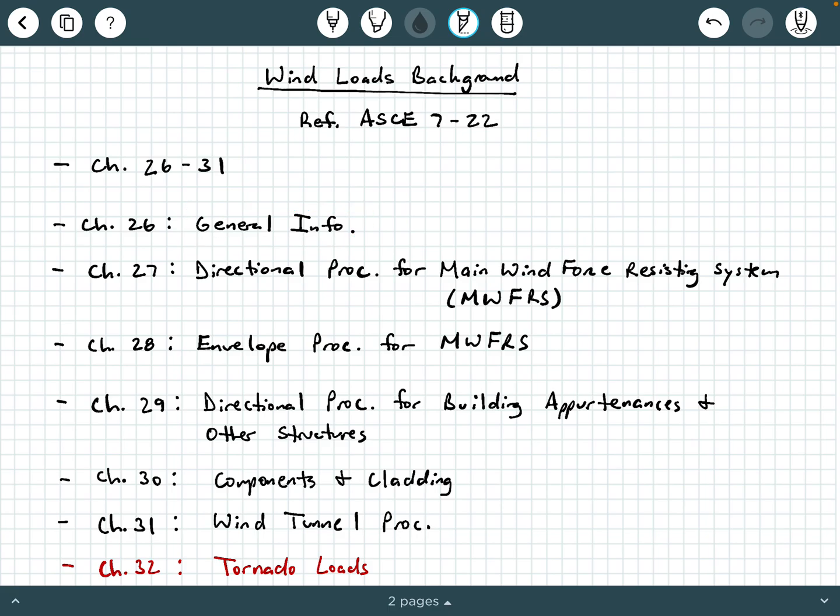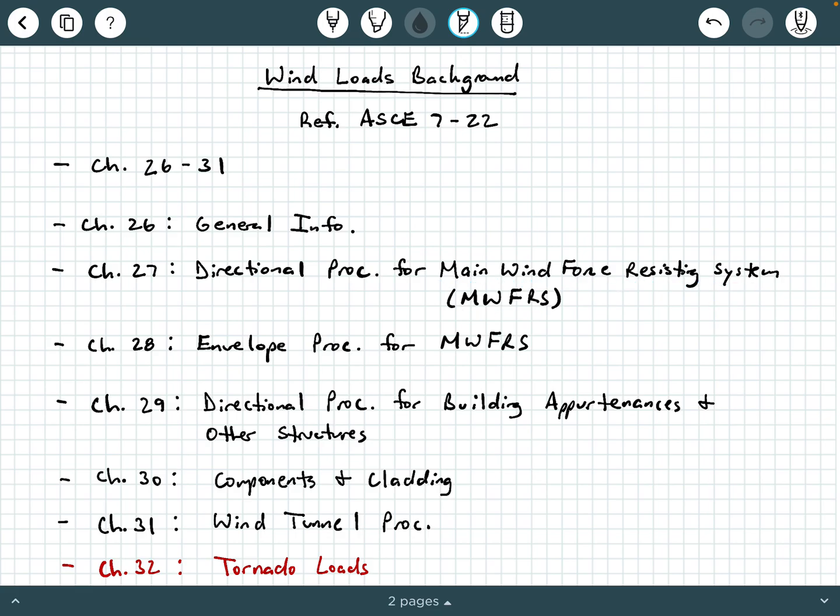The next chapter that gets into a little bit more of a specific procedure is chapter 27. Chapter 27 covers what's called the directional procedure for the main wind force resisting system, okay? Now, we often abbreviate the main wind force resisting system as MWFRS, okay?